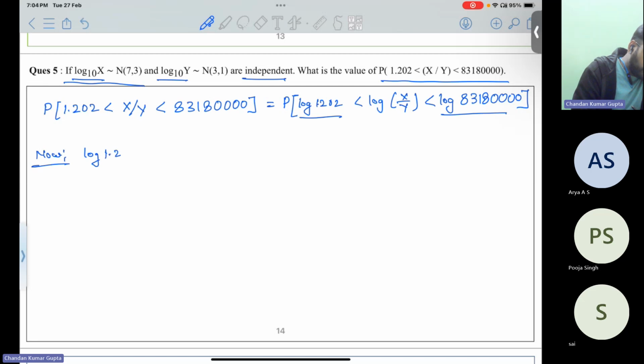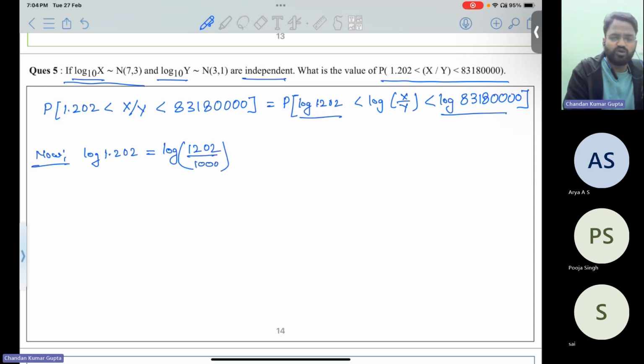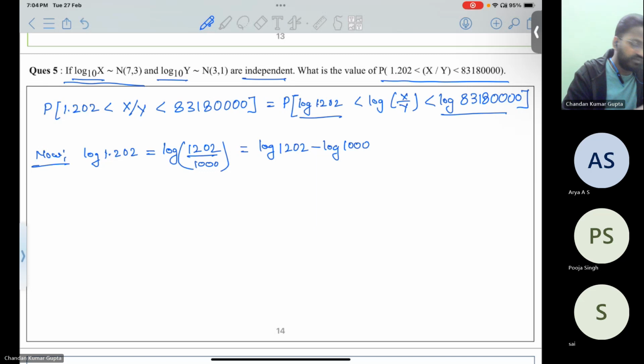Log of 1.202 can be written as log of 1202 divided by 1000, and log of a by b can be written as log of a minus log of b, that is log of 1202 minus log of 1000. Base 10 is there.